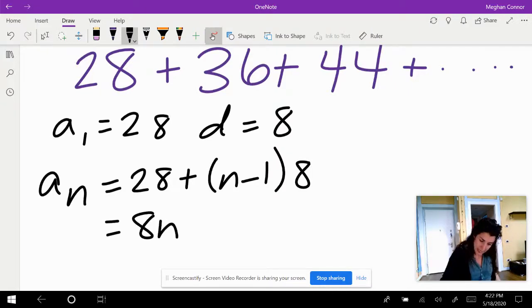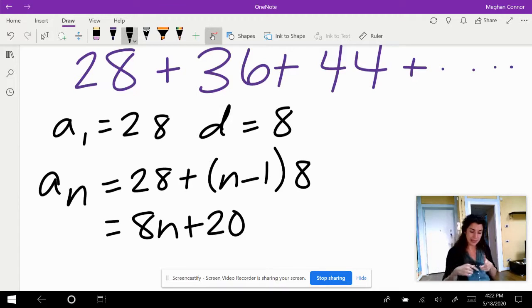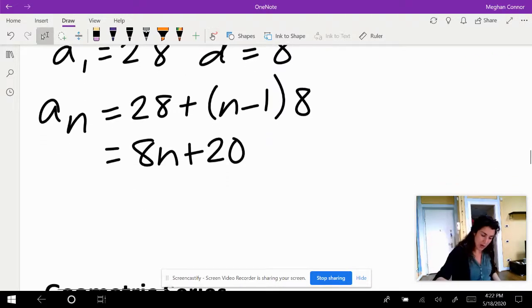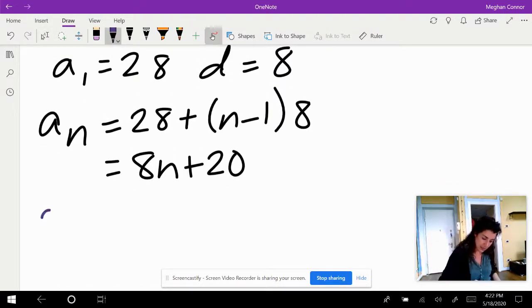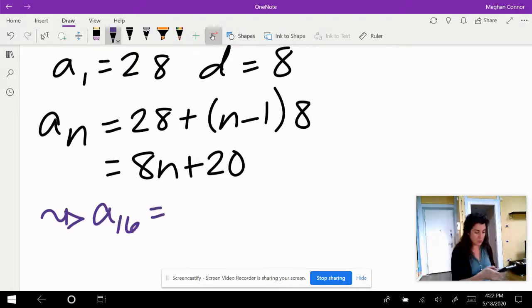That's 8n plus 20, 28 minus 8. So then if I wanted to find out what a sub 16 was, I would do 8 times 16 plus 20, and that's 148.